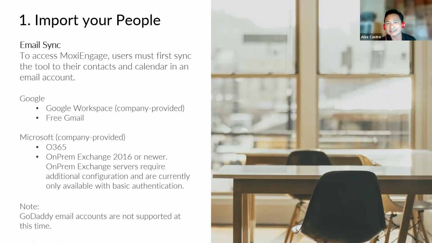Those you didn't really need to synchronize to your Google email or to your Microsoft Outlook 365. But with MoxiEngage, so that you all understand, you can see here, Google Workspace or the free Gmail, Google Workspace, which is your company provided probably. With those, you can synchronize your contacts to MoxiEngage.